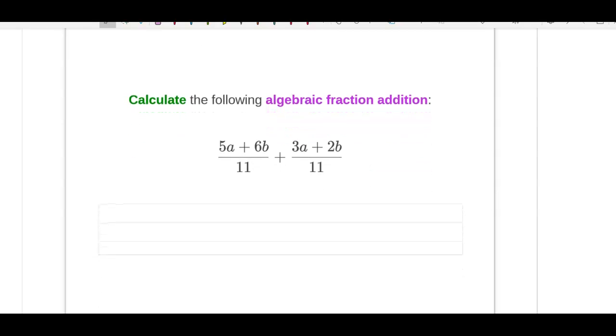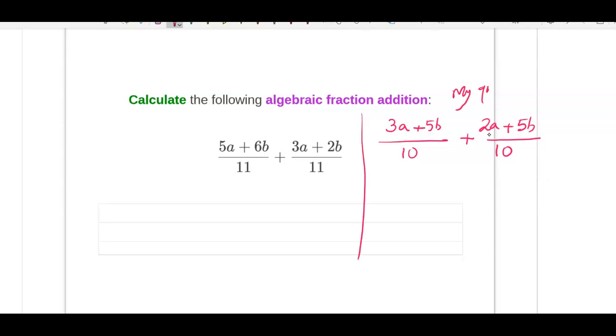Getting harder. So, let's take 3a plus 5b over 10 plus 2a plus 5b over 10. This is my question.